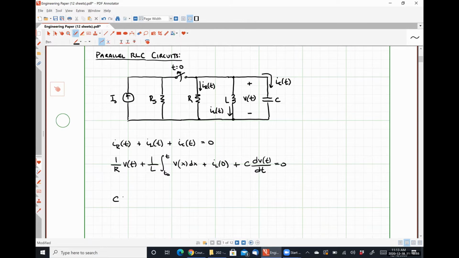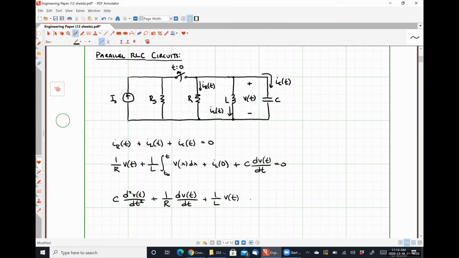Let's see, C times the second derivative of the voltage with respect to time plus 1 over R times the first derivative of the voltage with respect to time plus 1 over L times the voltage function itself.